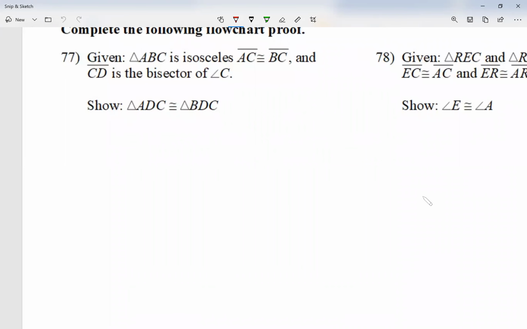How can we see this picture? If we can make it visual, that's going to help us out. I know CD is the bisector of C. So there's CD. And then one triangle is the triangle ABC.